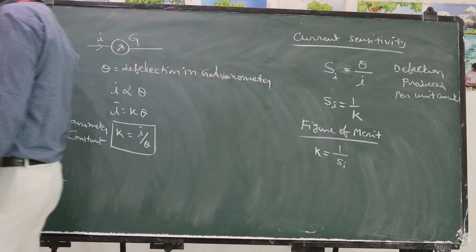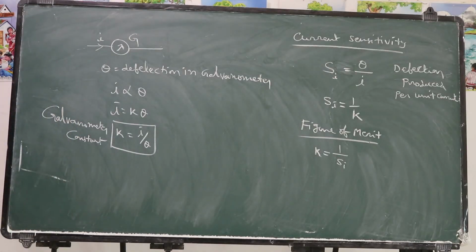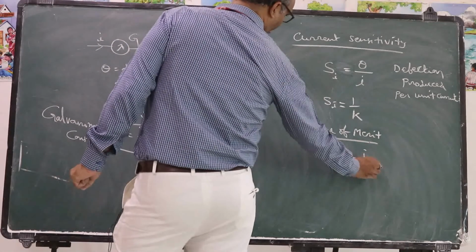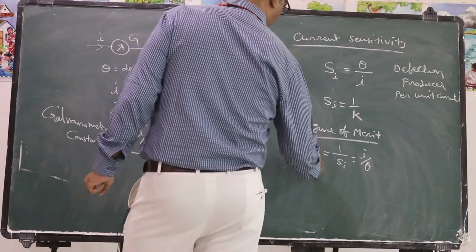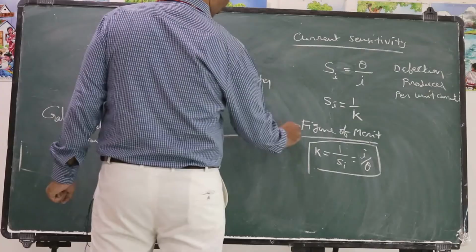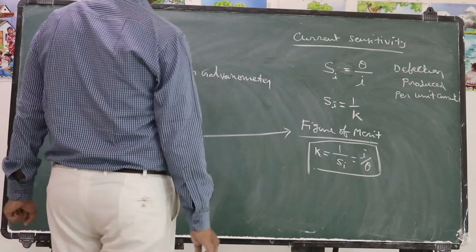Galvanometer constant has another name, that is called figure of merit. So K can be defined as I by theta. So this is figure of merit. Figure of merit and galvanometer constant both are same.